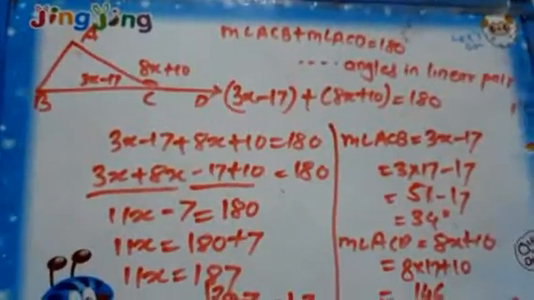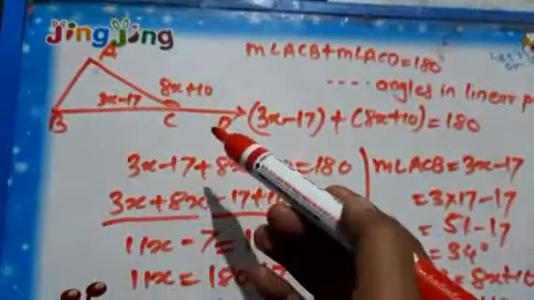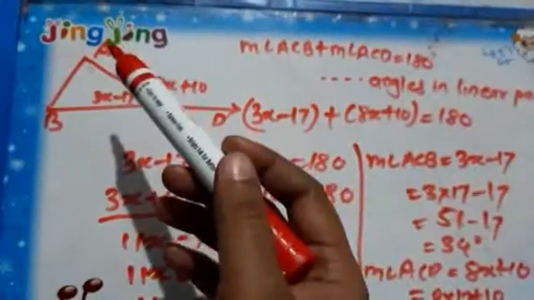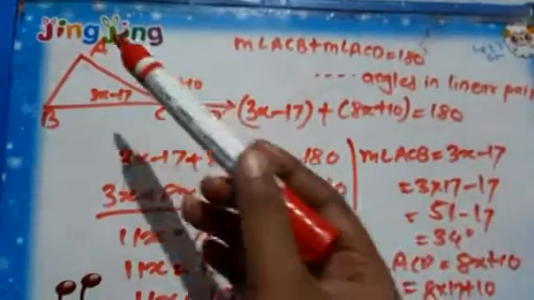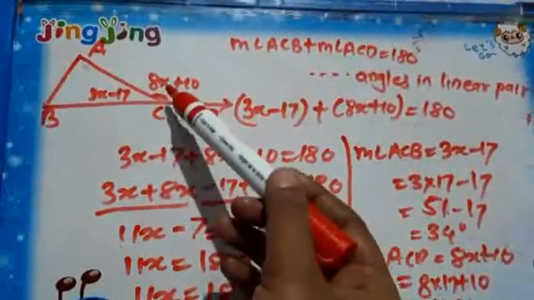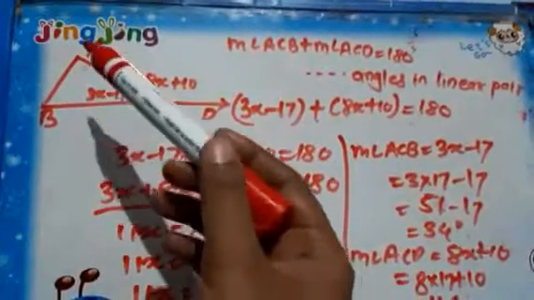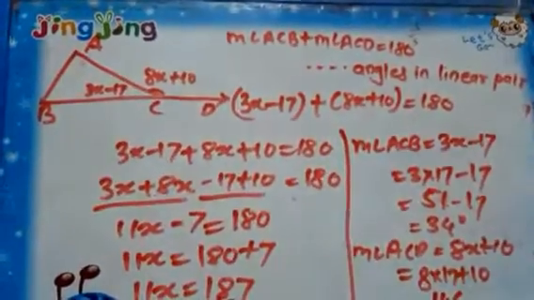So for this question, first we will draw a rough diagram. ABC is the triangle and ACD is the exterior angle for this triangle. Measure of exterior angle is 8x plus 10 and that of adjacent interior angle ACB, its measure is 3x minus 17.